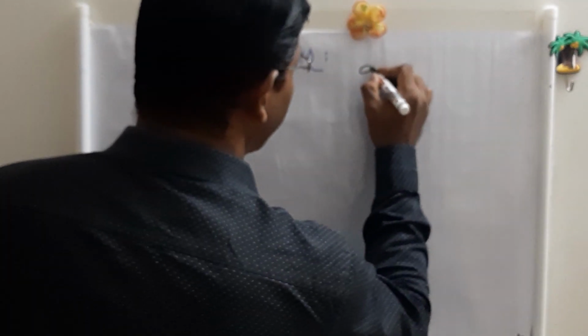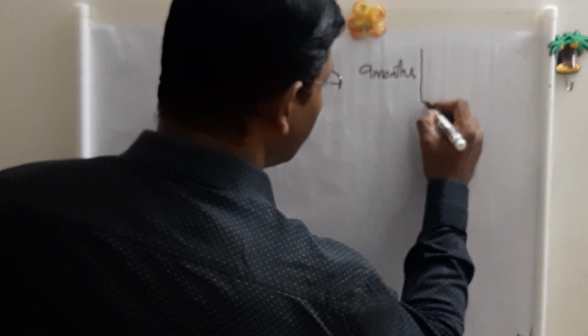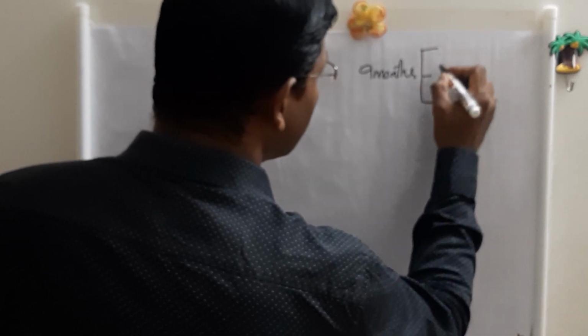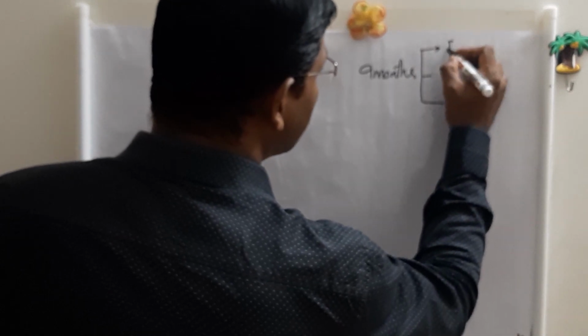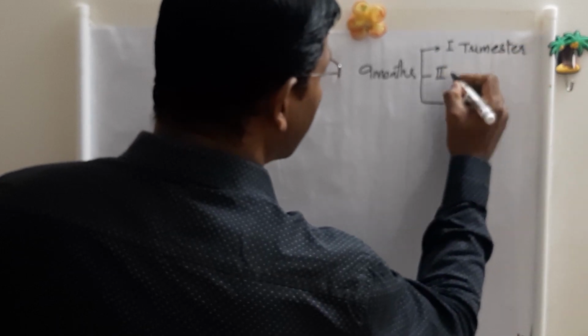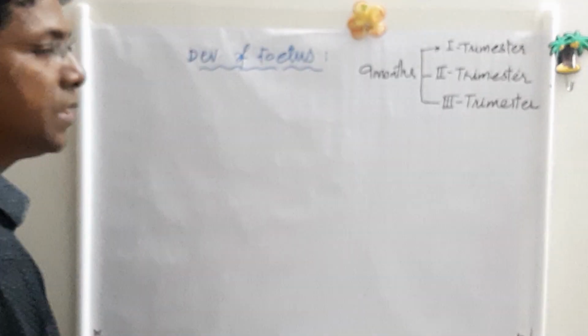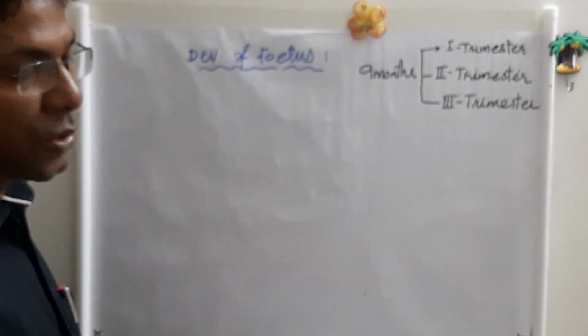The 9 months of pregnancy period can be classified into 3, that is first trimester, second trimester. The trimester means it's a period of 3 months.